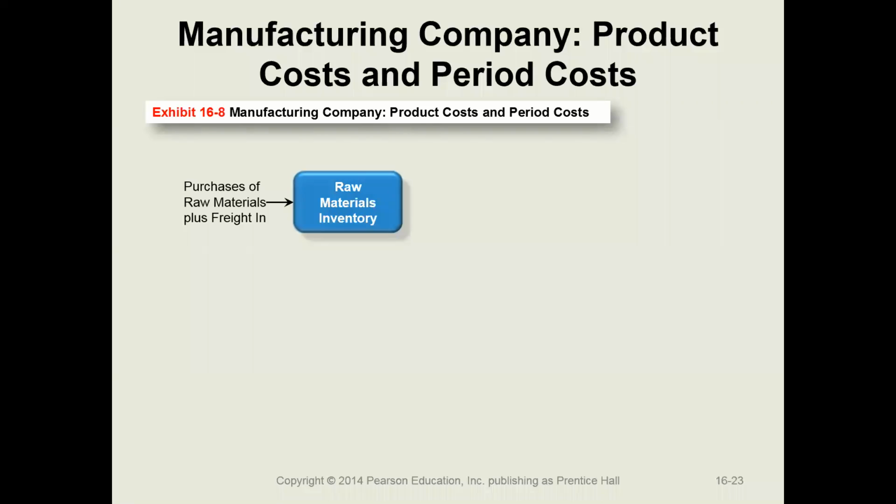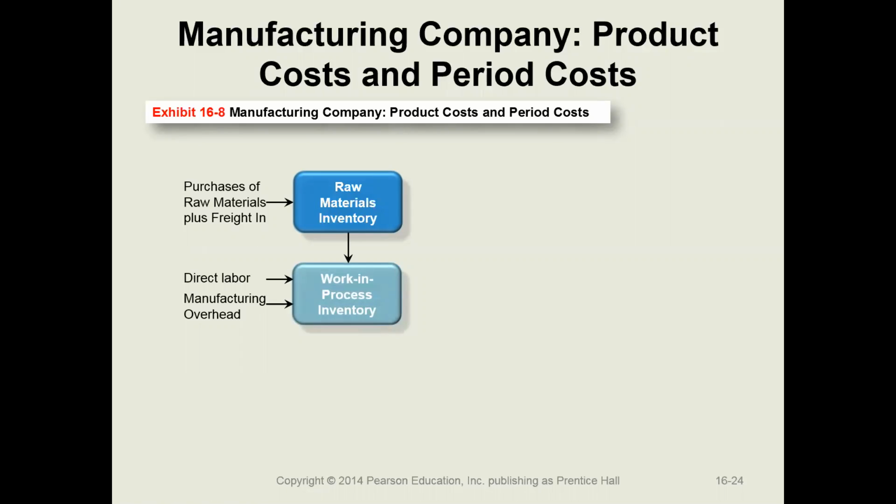Well, first let's look at the flow of product costs in a manufacturing process. So the materials that we purchase and the related shipping goes into this account called raw materials inventory.